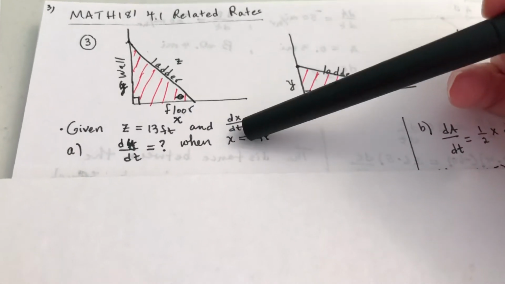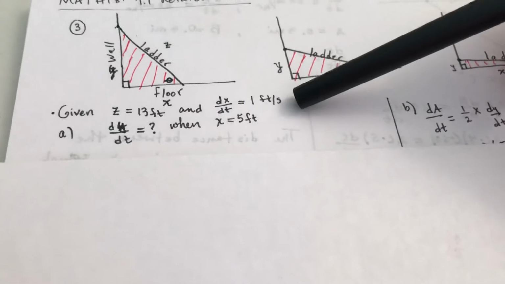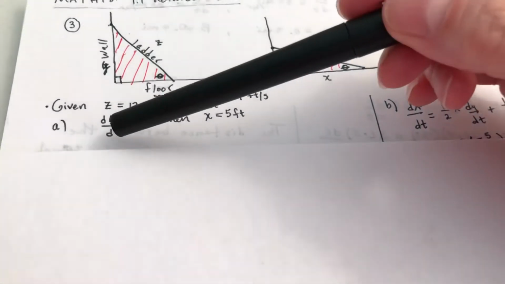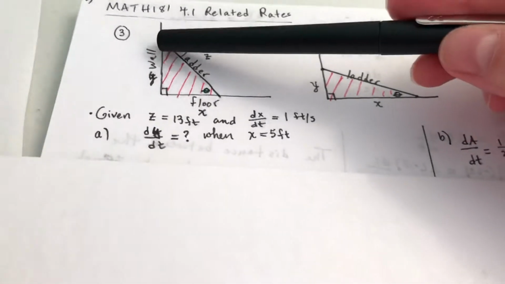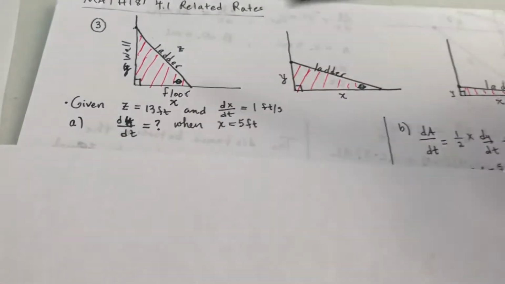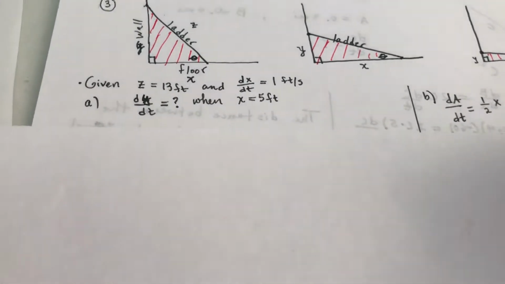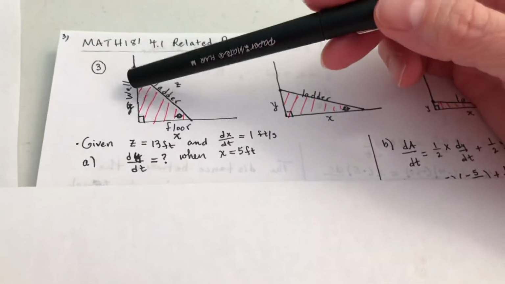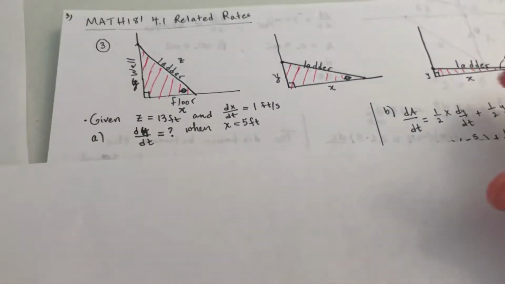And we're also given that dx/dt is 1 foot per second, sliding away from the wall. We're supposed to find dy/dt. That is this change. It's decreasing. We're going to find it when x is 5 feet. So we need a relationship between x and y and z, and you guessed it, it's the Pythagorean theorem.